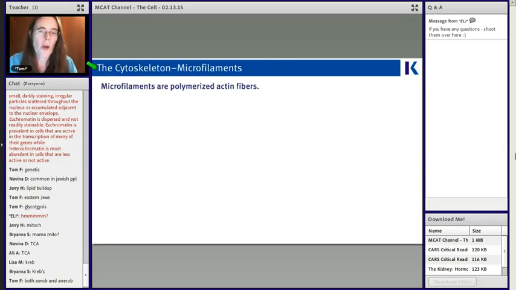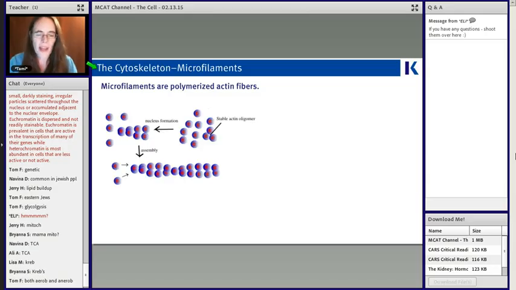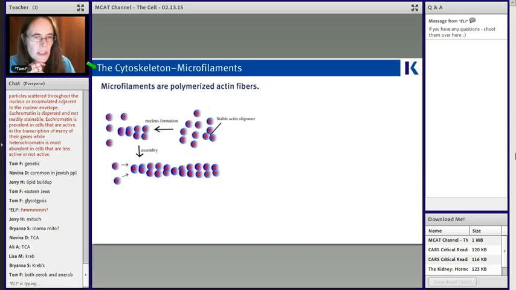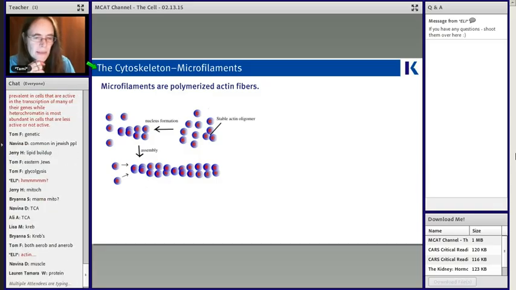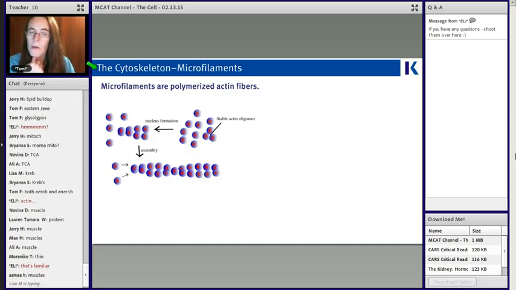Okay, so microfilaments are polymerized actin fibers. If I say actin, what's the first thing that pops into your head? Oh, muscle cells. Yes, and it's specifically the thin part or the I band in the sarcomeres of our muscle cells.